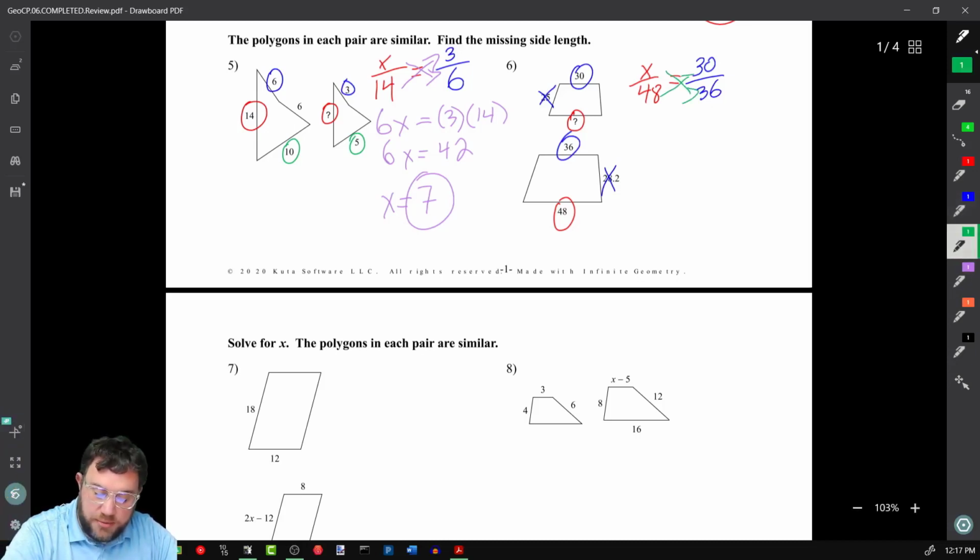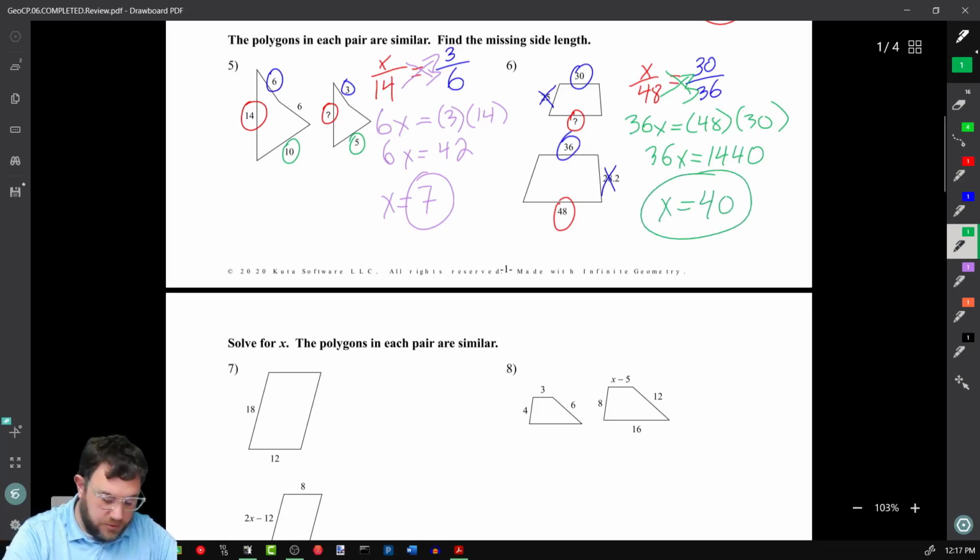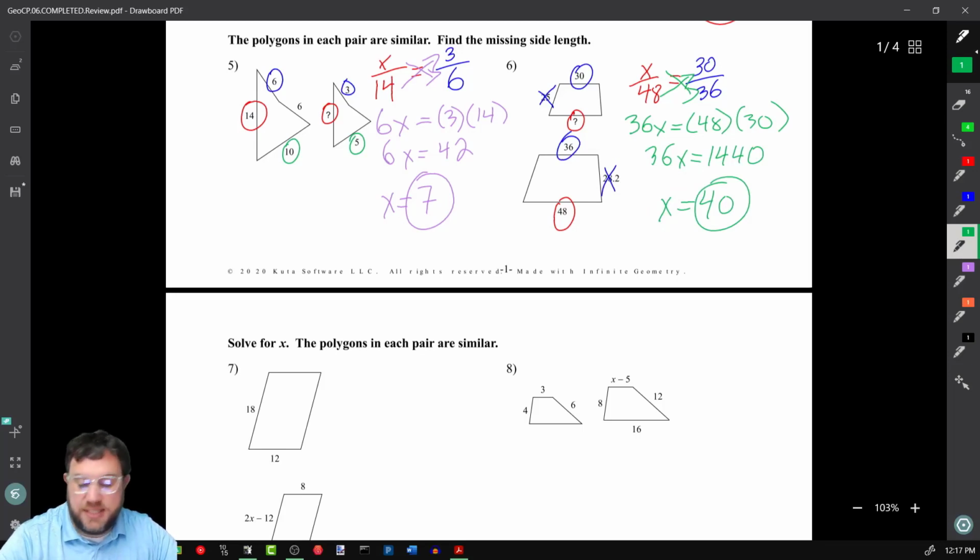So let's cross multiply. We get 36x equals 48 times 30. 48 times 30 is 1,440. Then we'll divide both sides by 36. So x equals 40, or our missing side is 40.